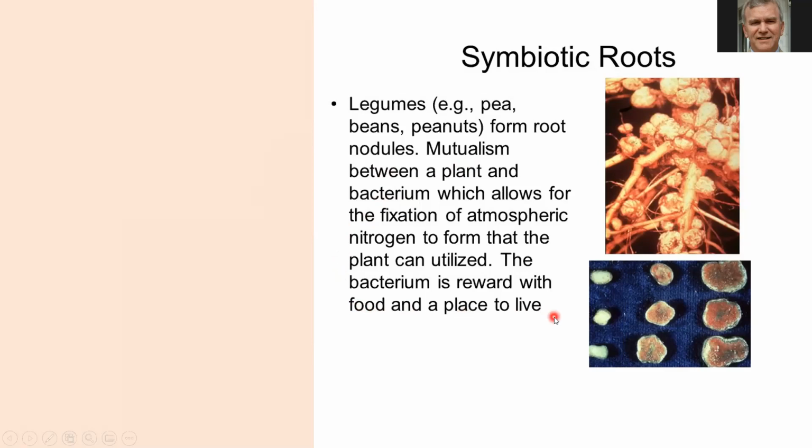And on the right-hand side, you see a cross-section of a nodule. The bacteria live inside the nodule. They receive sugars or carbohydrates from the plant, which feed their metabolic system. And as a result, they actually collect nitrogen from the atmosphere. This is taken from the soil atmosphere, the soil air.